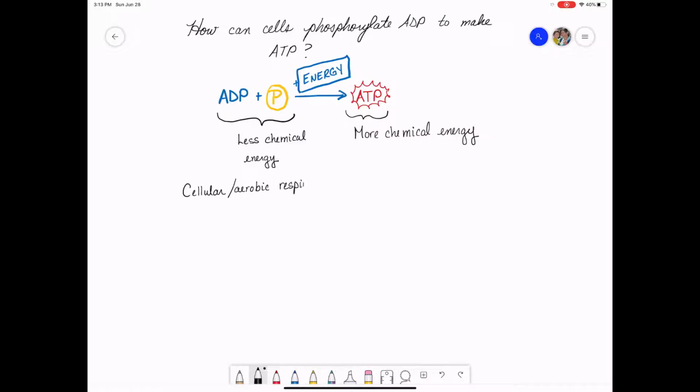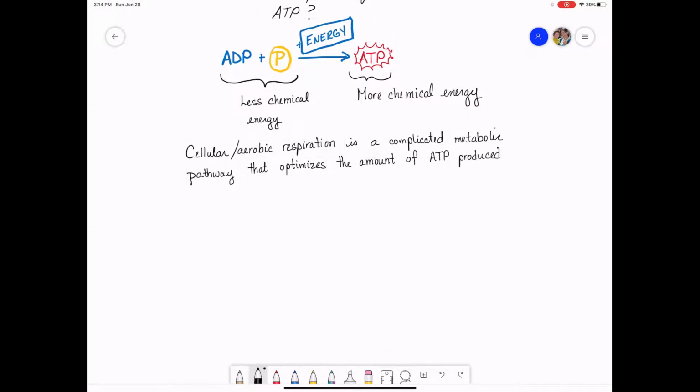The energy needed to phosphorylate ADP is actually stored up in the non-polar covalent bonds of other biological molecules. And this is harnessed or harvested via the very complicated metabolic pathway known as cellular or aerobic respiration. So the reason why it's so complicated is because we're trying to maximize the amount of ATP that is generated per fuel molecule.